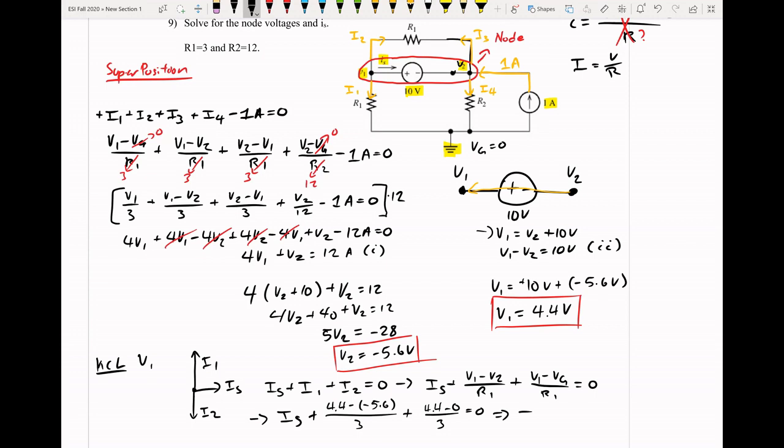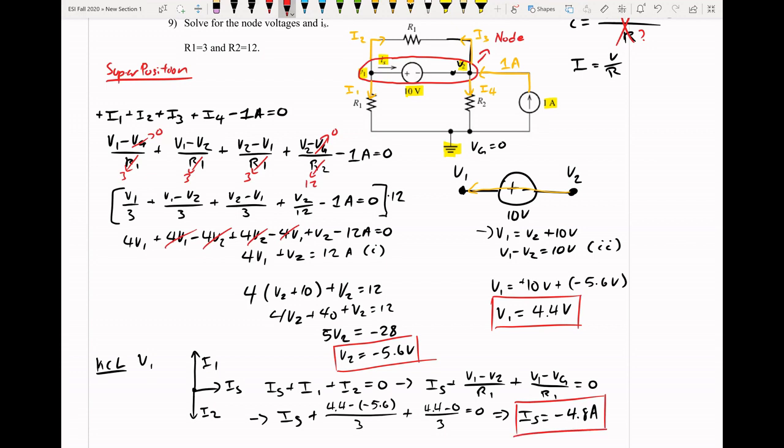Therefore, if we rearrange and solve for IS, we get IS to be equal to negative 4.8 amps.